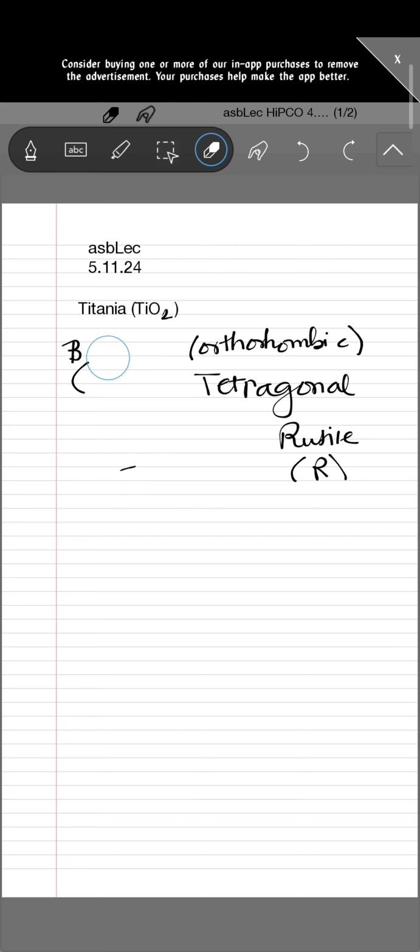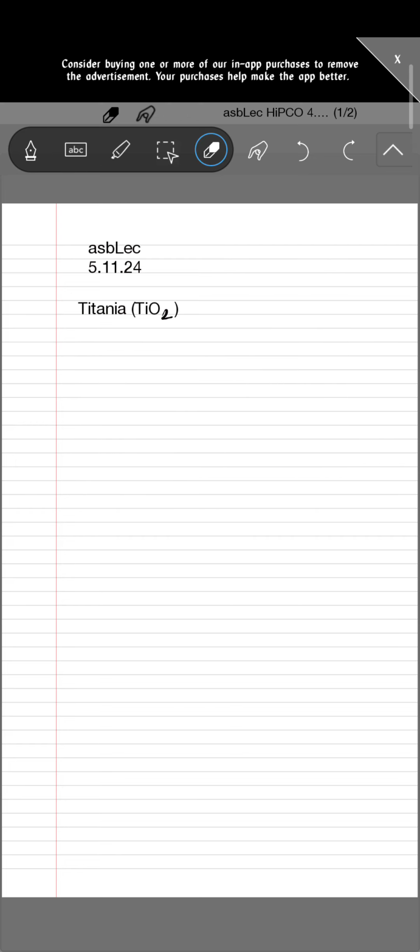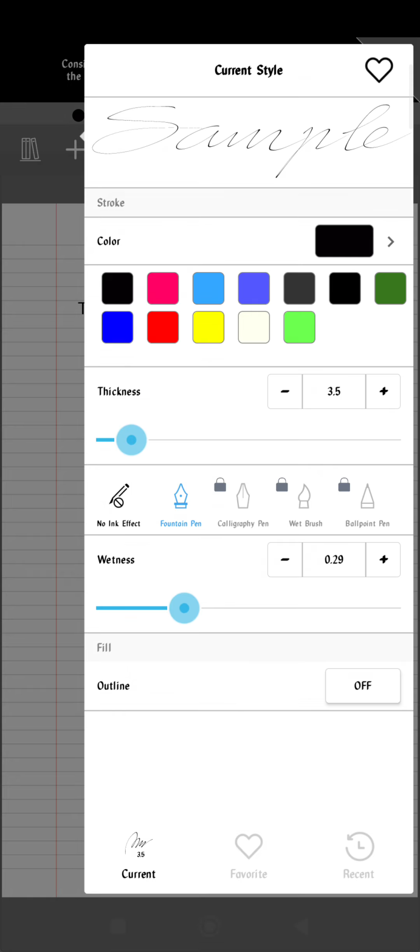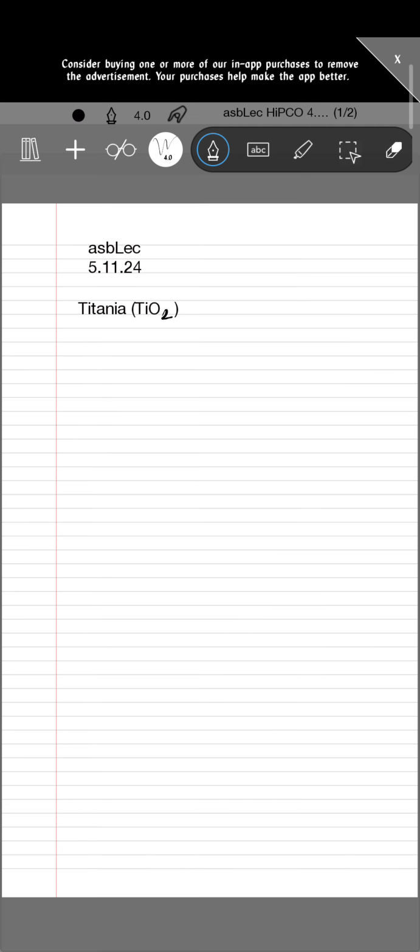Okay. So we have the brookite, the anatase, and the rutile phase of titania. Now, out of these, the rutile phase is a high temperature phase.